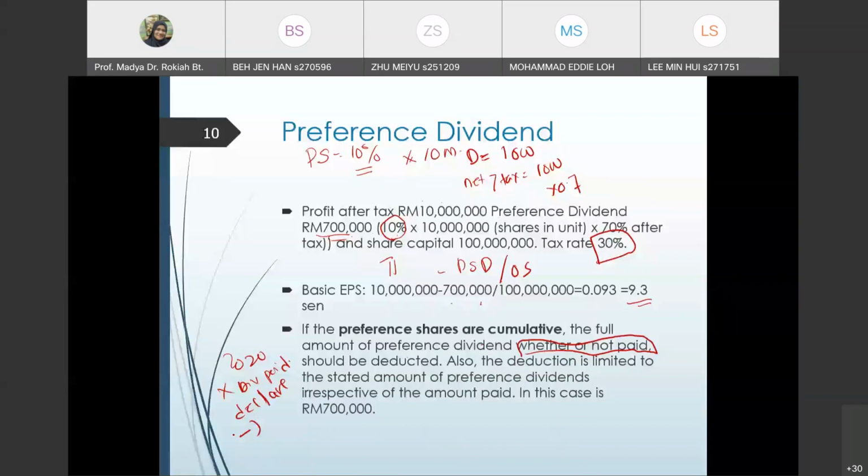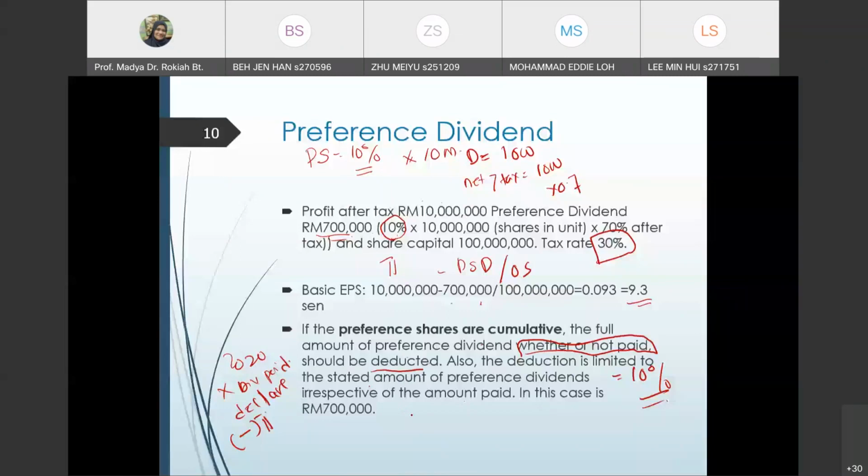The stated amount in this case is based on the percentage of the dividends, 10%, irrespective of the amount paid. In this case it is 700, because the dividend we need to pay is 1 million, but that 1 million should be net after tax. So be careful with the cumulative: even though it is not paid and they only declared it, that amount needs to be deducted.